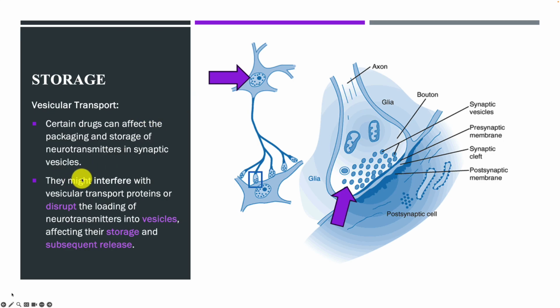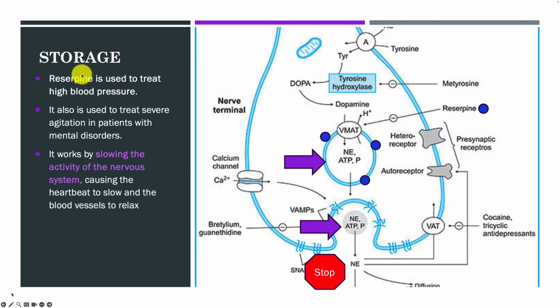And we also might have some drugs that will disrupt that vesicle storage, which will therefore disrupt vesicle transport, or we could do things that will basically increase it. So that would be another type of target. And there's a drug here called Reserpine, which is used for high blood pressure medication, but used for other sorts of disorders as well.